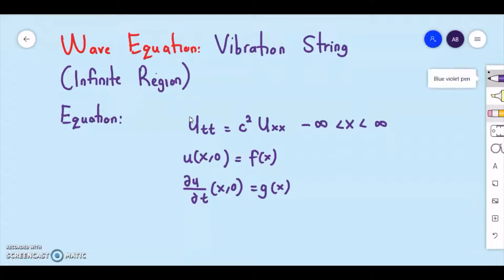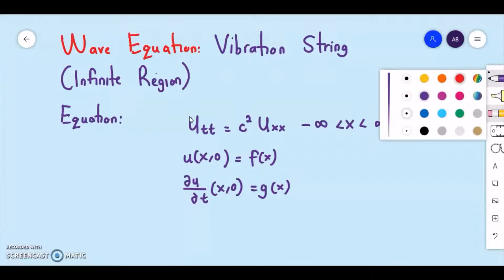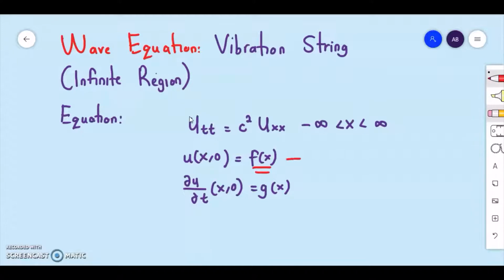Now I've already explained on my previous video that f(x) here is my initial displacement and g(x) here is my initial velocity.